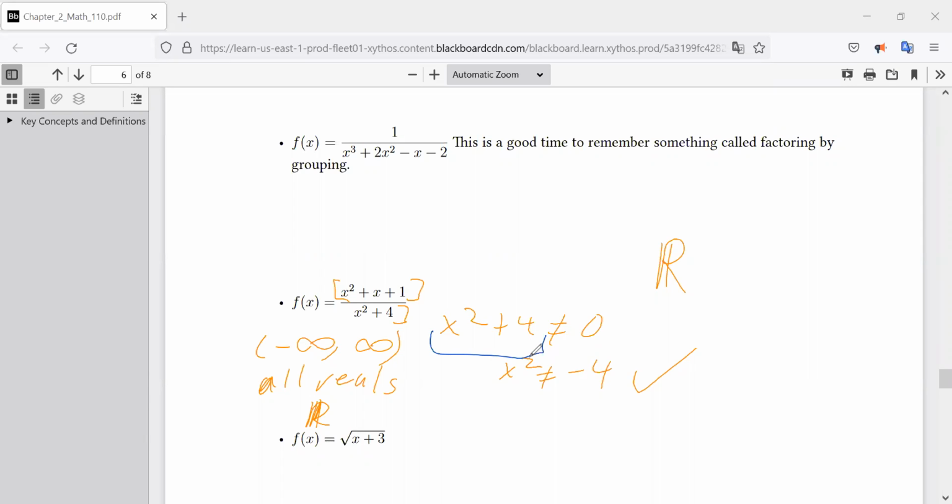You can plug in any number and it will give you a valid answer. The top can take in any number, the bottom can do that too, and the bottom is never going to be equal to 0, so you never divide by 0.